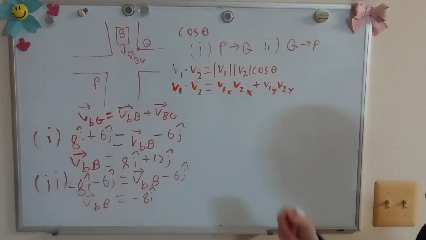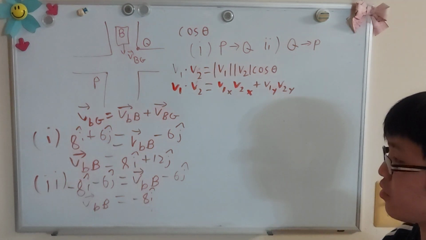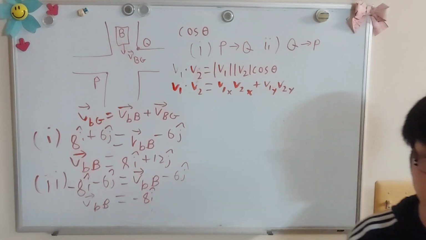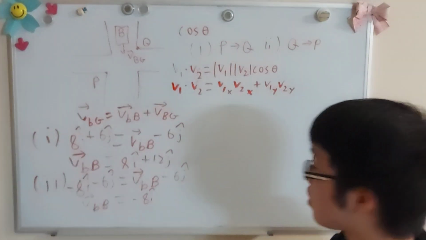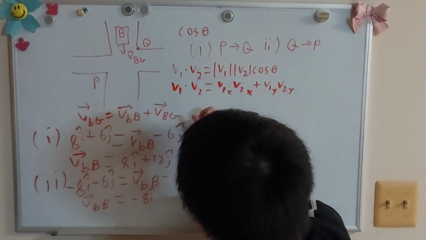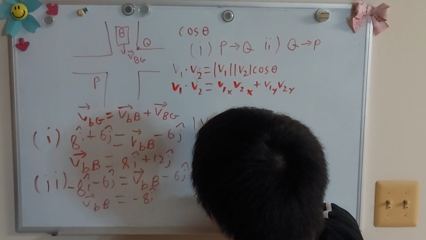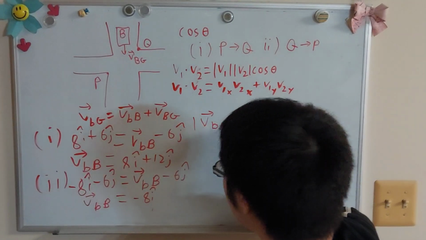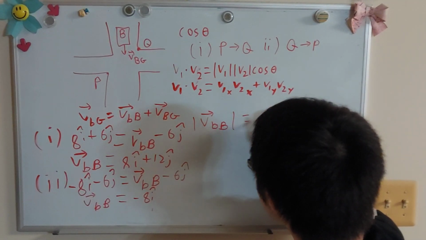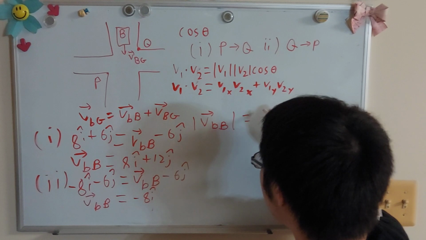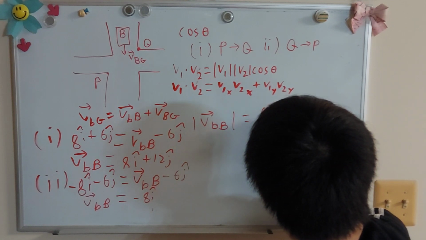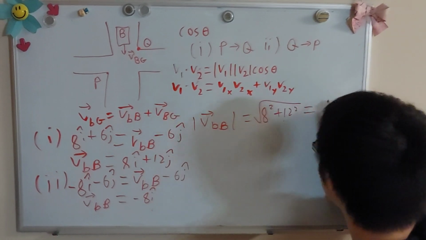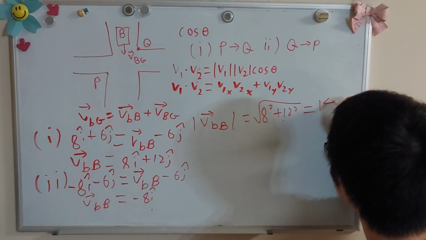Now the dot product calls us to find the magnitude of these vectors as well. To find the magnitude of a vector, we just take its norm. So we take the norm of the vector in case 1, like so. And we find that it is equal to 14.